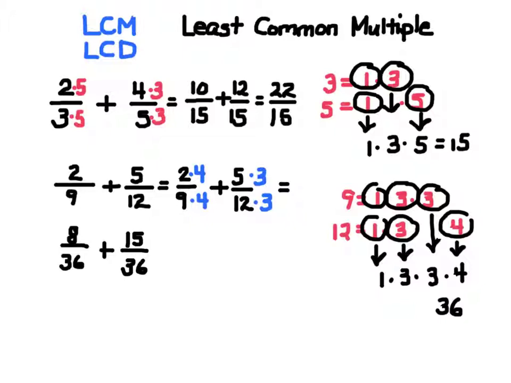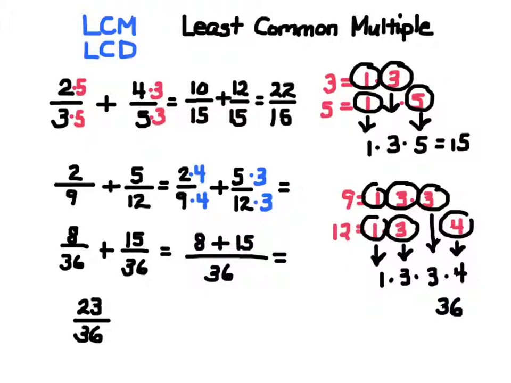Now I have a common denominator, and the common denominator is 36, and in the numerator I can add 8 plus 15, and 8 plus 15 is 23. So my answer is 23 over 36.